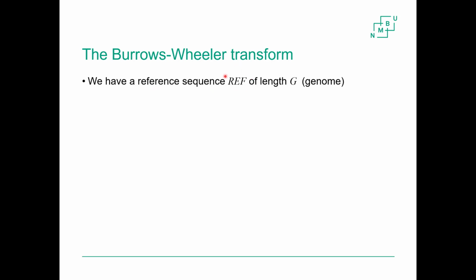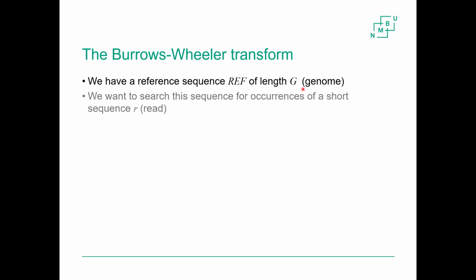We have now a reference sequence, I call it ref, of length g, right? And think of it as the genome. We want to search through the sequence for occurrences of a short sequence R, and that's our read, right? So we want to see, do we find the read here? And also, ultimately, where does it match if it matches? But first of all, we want to just say, does this read match in this sequence or not?